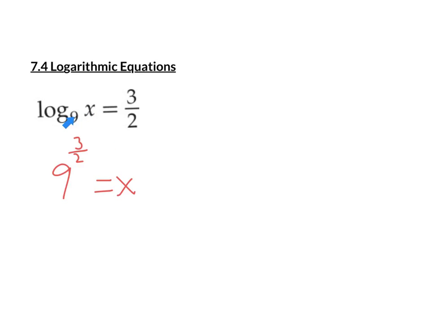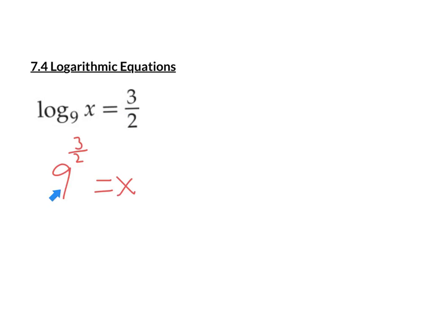The x could be here. The x could also be here. And if the x is here, then you're going to have something to the x power, so we'll have an exponential equation like we did in 7.2. You may need to change the base and get the powers equal to each other, just like we did in 7.2. That happens when the variable is over here.